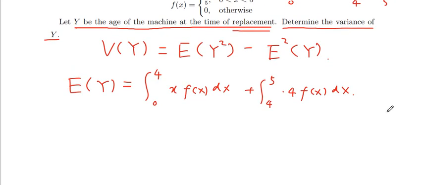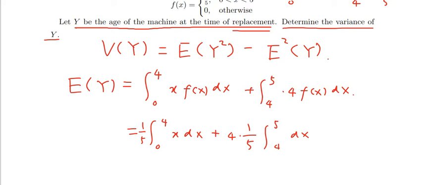For example, for 0 to 4, it is the integral of x times 1 over 5 dx.